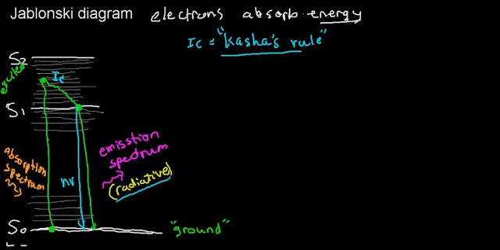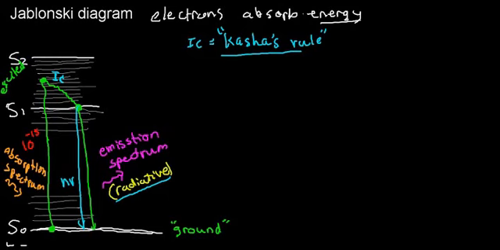So we mentioned these transitions. Let's mention some time frames. And again, you would see these time frames cited slightly differently in different websites and articles, but the gist is the same. It is really quick. The absorption happens really rapidly, around 10 to the negative 15.